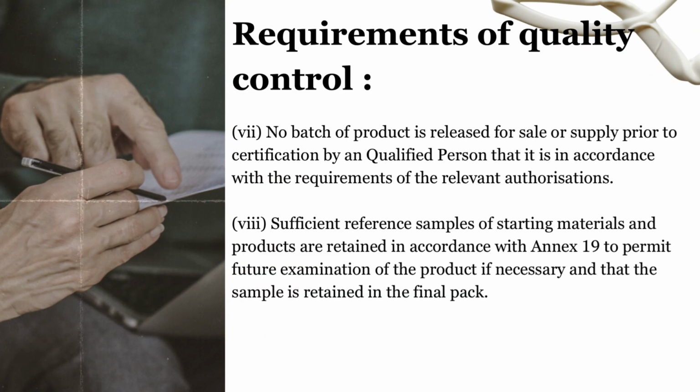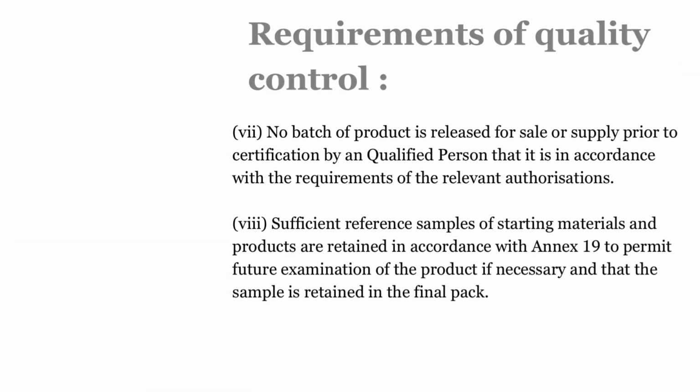No batch of a product is released for sale or supply prior to certification by a qualified person that it is in accordance with the requirements of the relevant authorization. 8. Sufficient reference samples of starting materials and products are retained in accordance with Annex 19 to permit future examination of the product if necessary, and the sample is retained in the final pack.